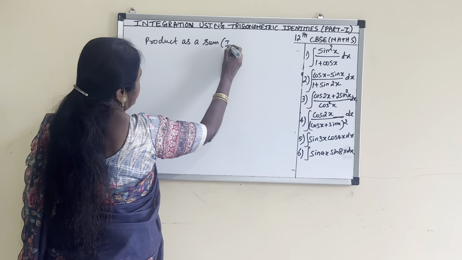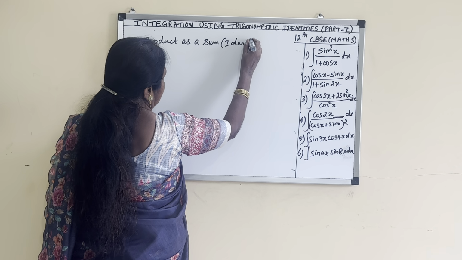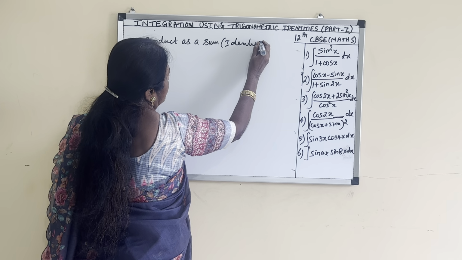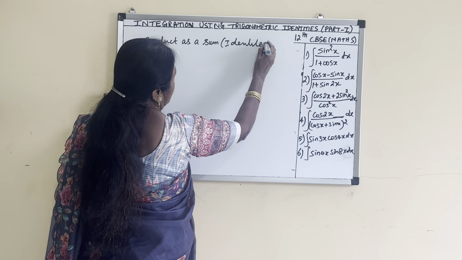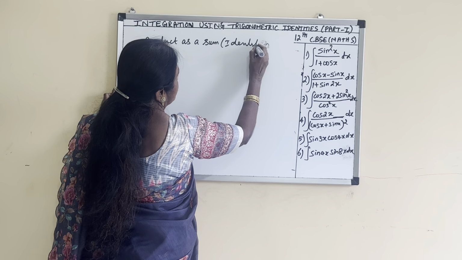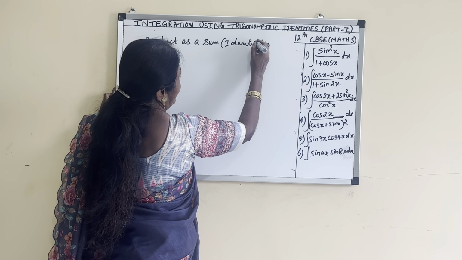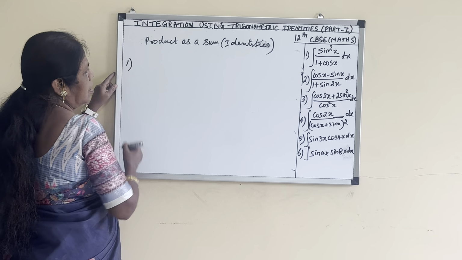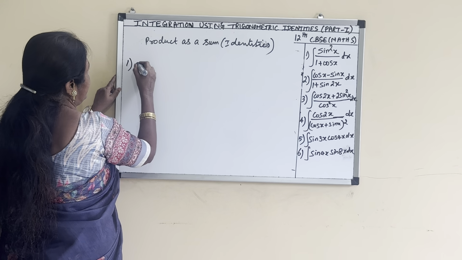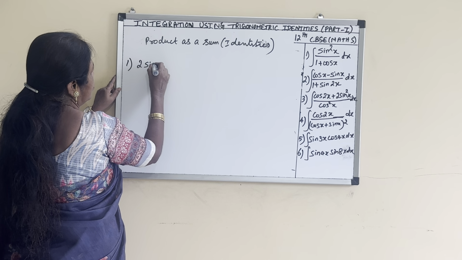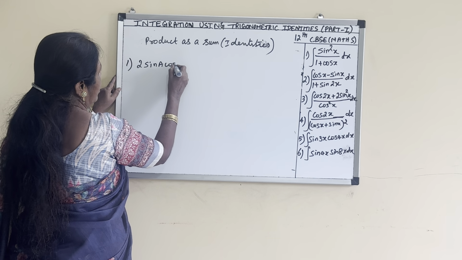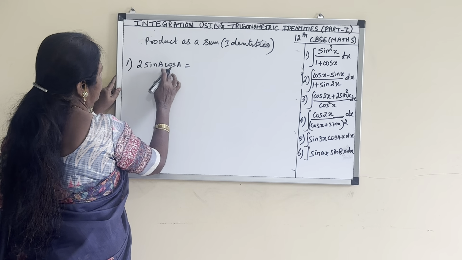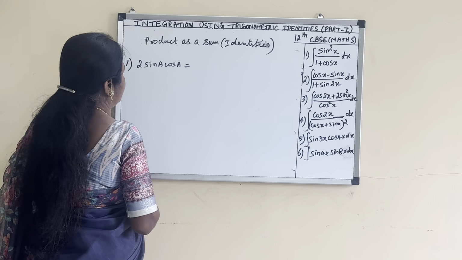This is identities only. I will be writing all the 4 identities. 2 sin A cos A. This is a product, and we are going to write it as a sum.